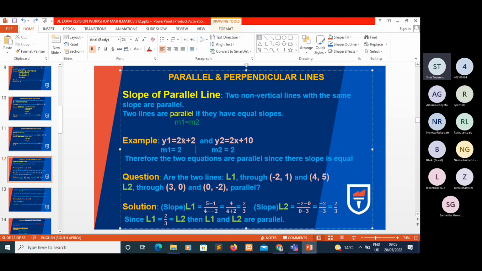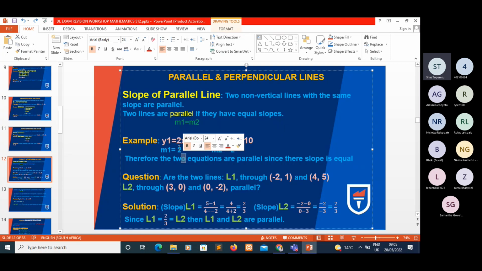The slope is the one attached to x, and the constant becomes the y-intercept. Here, the 2 is attached to x, so the slope of this equation is 2. In this one, the slope is also the value attached to x, which is 2. So this equation has a slope of 2, and this equation also has a slope of 2. So I can conclude that these two equations are parallel. Why am I saying they are parallel?